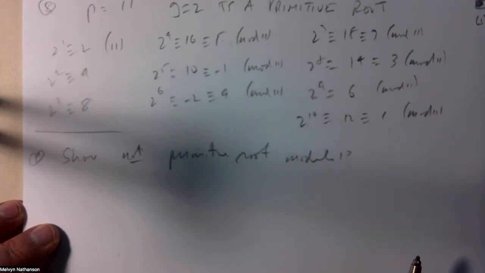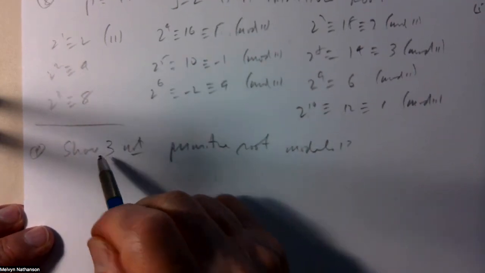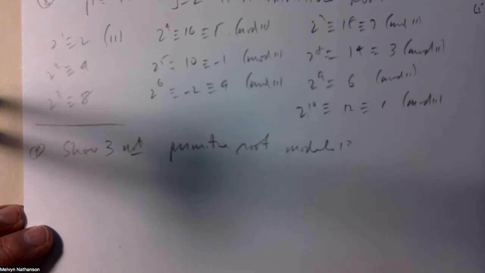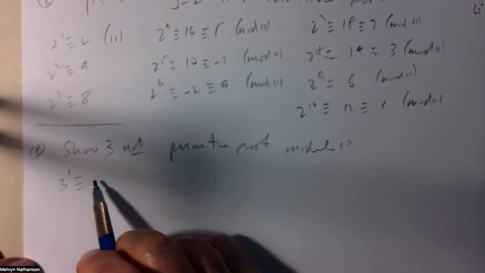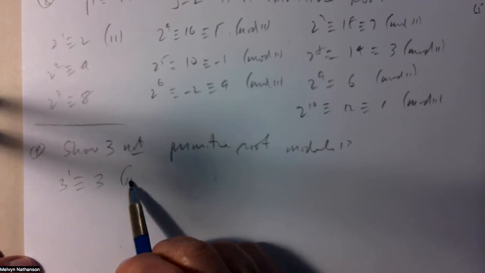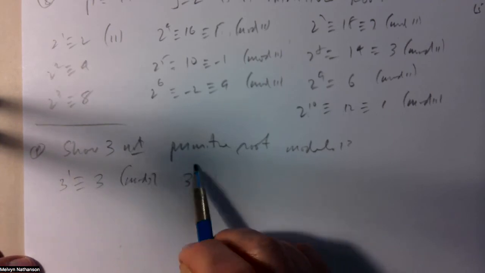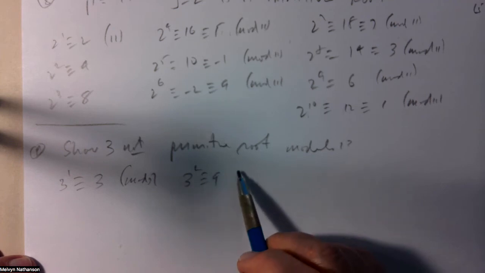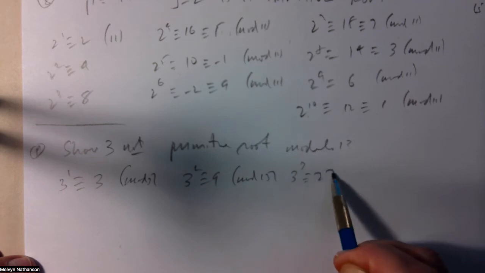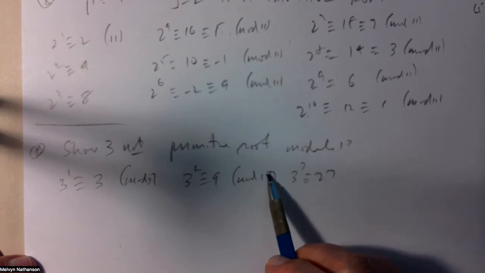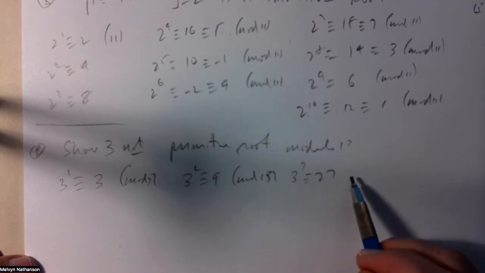So again, the only way to do that is to start calculating the powers of 3. 3 to the first power is congruent to 3 mod 13. 3 squared is 9. 3 cubed is 27, which mod 13, oh, it's 1.